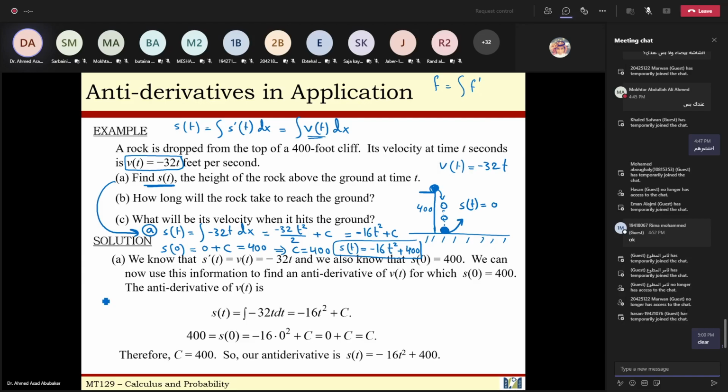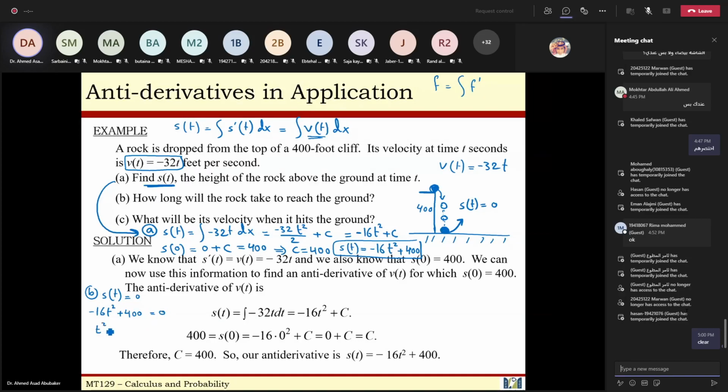We substitute in the function s of t: minus 16 t squared plus 400 equals 0.